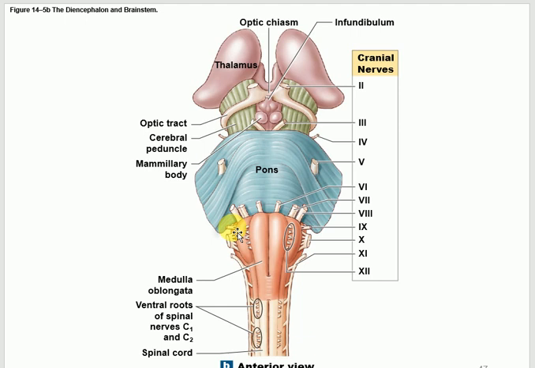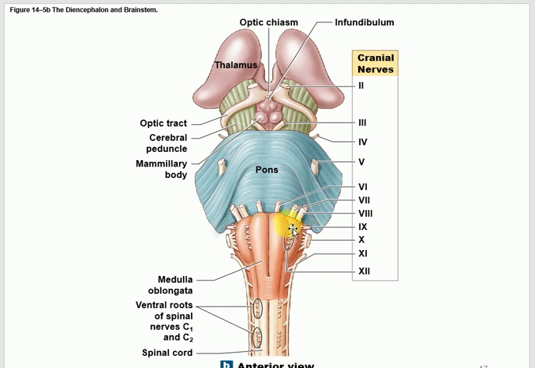Here it is again. Oh, of course, yes, for the lecture and the lab. Where is 3 and 4? Right here. 3 and 4, midbrain, the green. Here is 5, 6, 7, 8, pons.